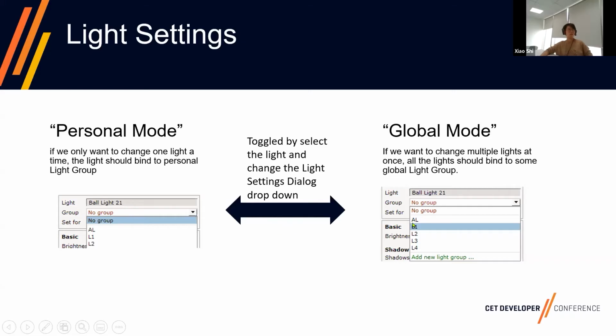But if you bind it to either one of these below and you change it, it will change the whole group. So we'll call this a personal mode light group, and this one a global mode light group. Just take notice of these two, as they are different in the code and in the idea.